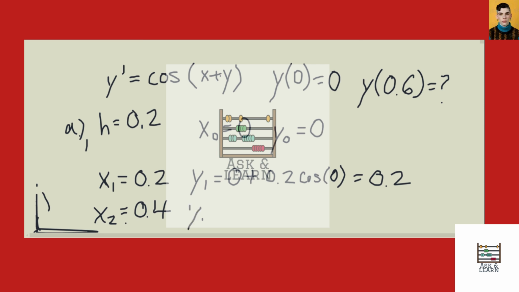And y2 is equal to y1 plus our step size times our function cosine of x plus y evaluated at 0.2, 0.2. This is cosine of 0.4.